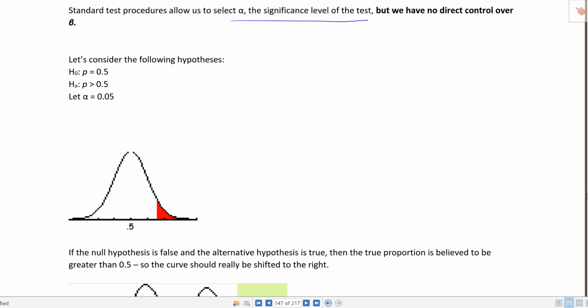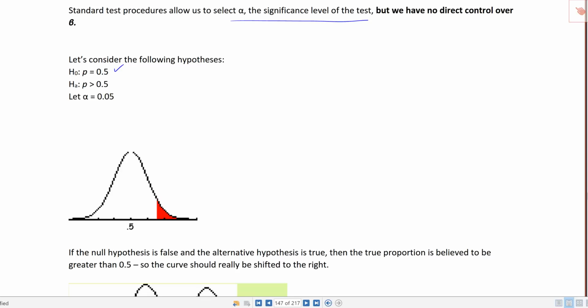Okay, so let's consider this hypothesis. We have a null hypothesis that says P is 0.5. Our alternative hypothesis is that the proportion is greater than 0.5.